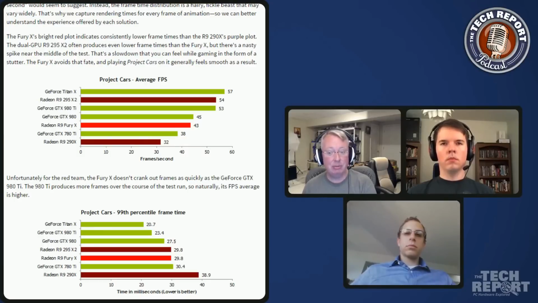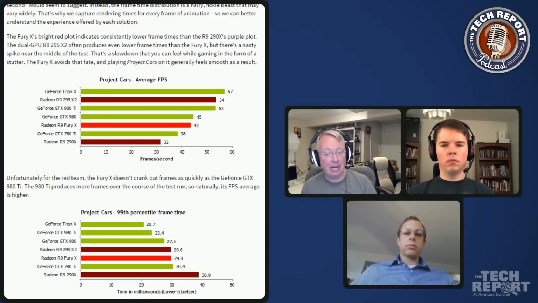I think that also is the Fury X's strength. And what we found is in this particular game that the Fury X was a little bit slower than the GeForce GTX 980 and substantially slower than the 980 Ti. It played the game smoothly at 4K. It's a good product and is a big advance over the Radeon R9 290X.